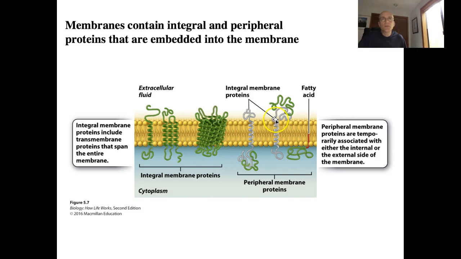The peripheral ones are just on the top. They're not really going through the membrane. But the reason why they're still called membrane proteins is because they're anchored to integral membrane proteins. So they're somehow stuck onto the membrane. They don't float around in the cytoplasm. They are part of the membrane, but they're anchored to it. They're not going all the way through the membrane, such as integral proteins do.